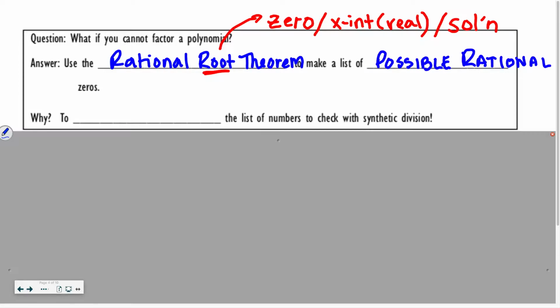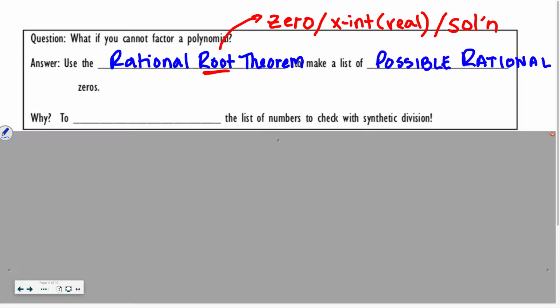Okay, and why do we do this? I'm going to argue if you can't factor a polynomial, the other way you could solve will be to divide the polynomial by linear factors until you get a zero remainder. And if you don't have the rational root theorem, you're starting from negative infinity to positive infinity.